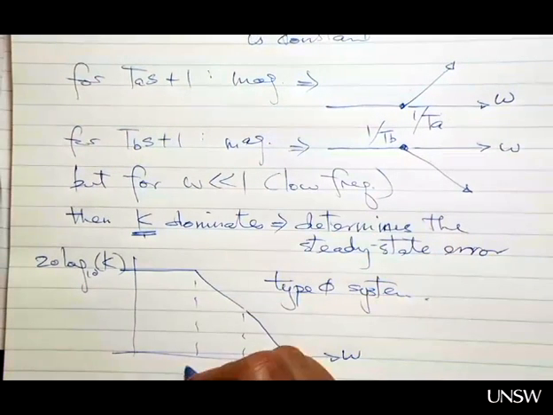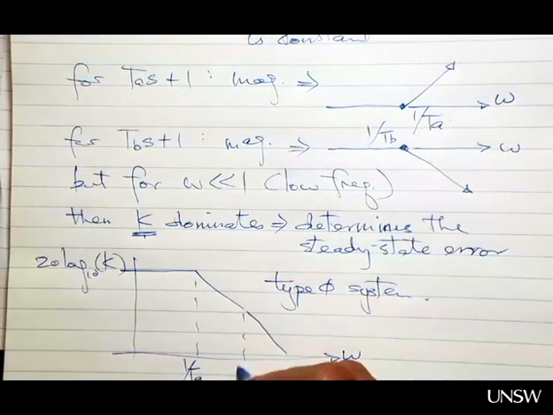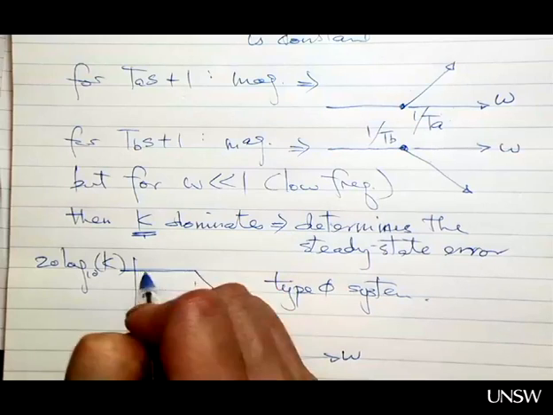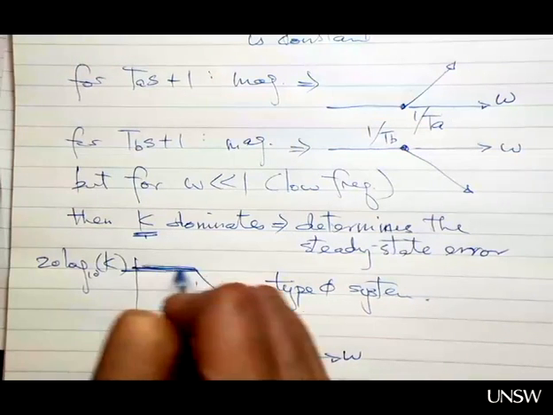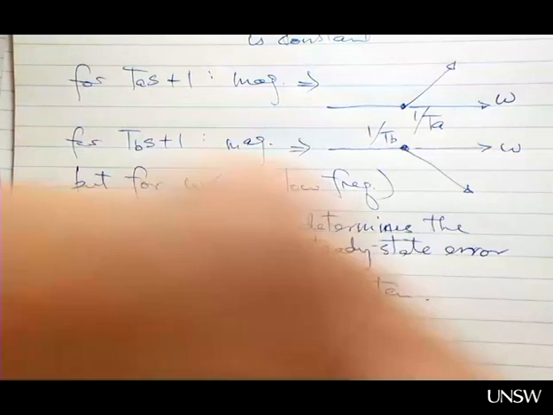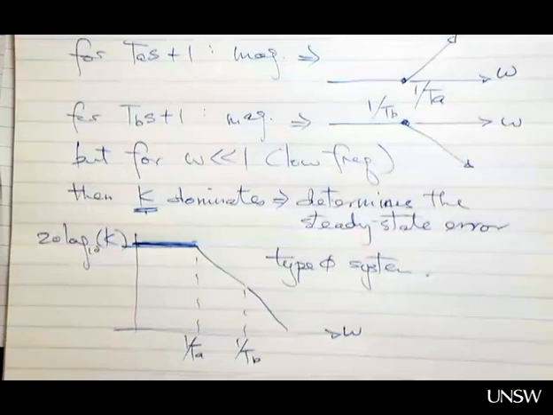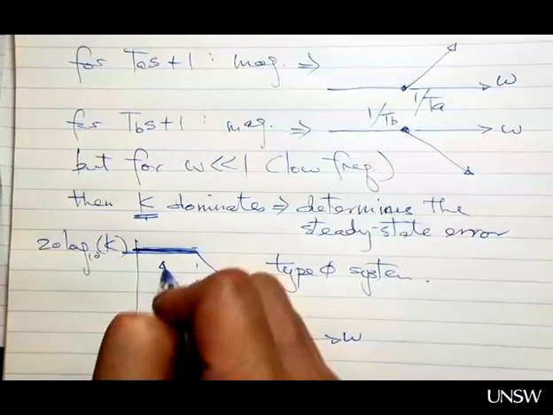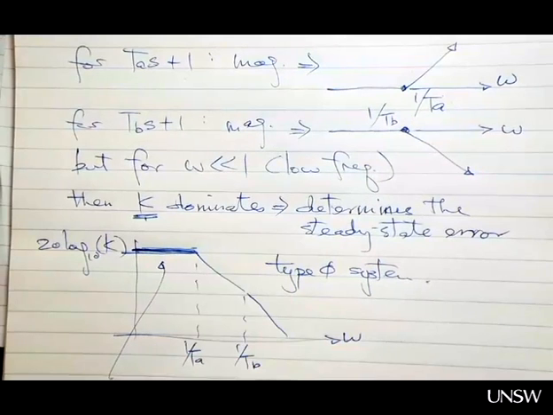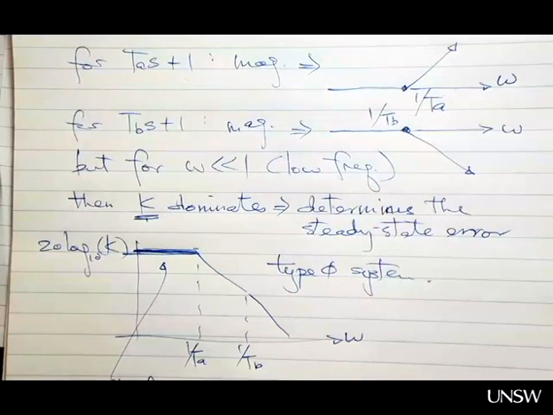For example, this could be 1 over T_A, this could be 1 over T_B, etc. Then we can read off from the plot.